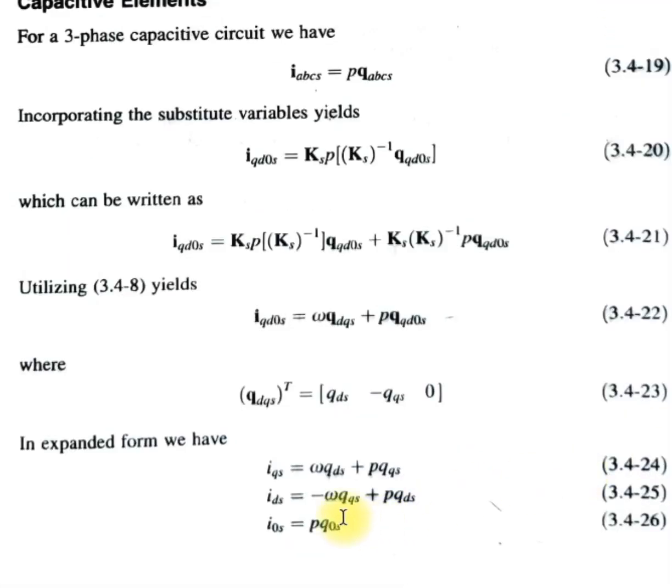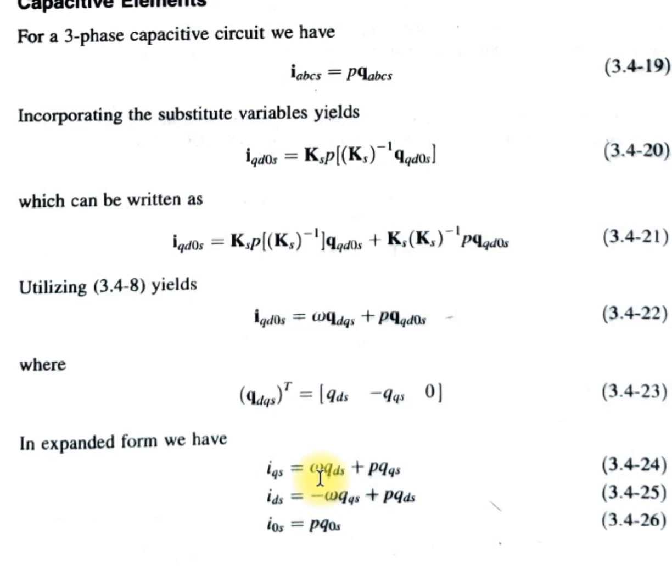So similar to the terms used in the inductive element, here we see the first terms of both the equations IQS and IDS are again speed dominant.